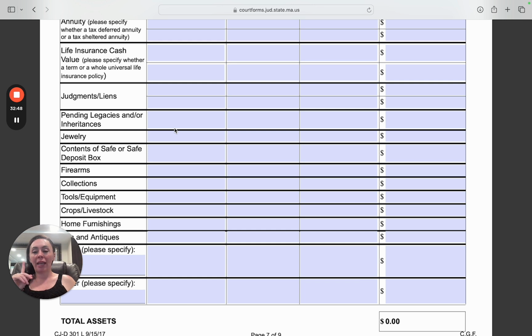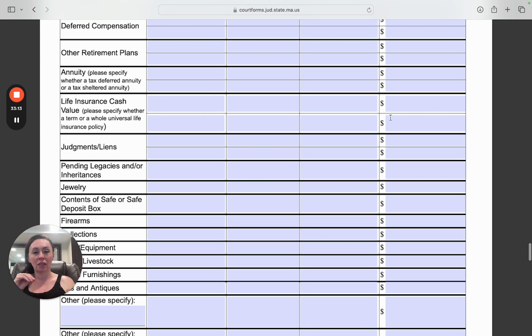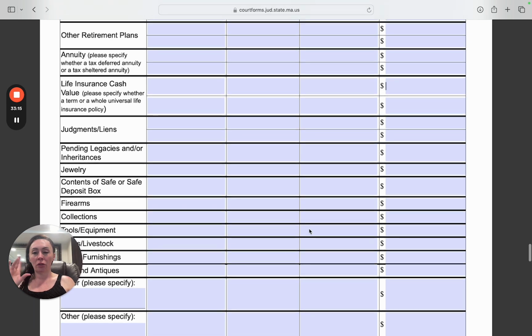You can't cash it in for any money. Whereas if you have a whole life cash value life insurance, that can be traded in for money. So make sure you know what you're talking about. You have the appropriate documents and you're not guessing at what type of life insurance you have. And if you do have a whole life, make sure you have an updated statement that tells you what the cash value is, because that has to get listed right here on your financial statement.